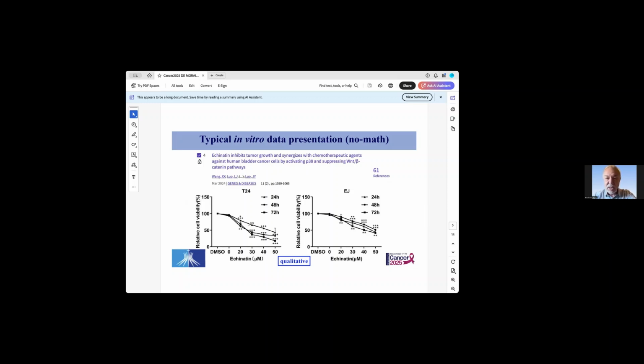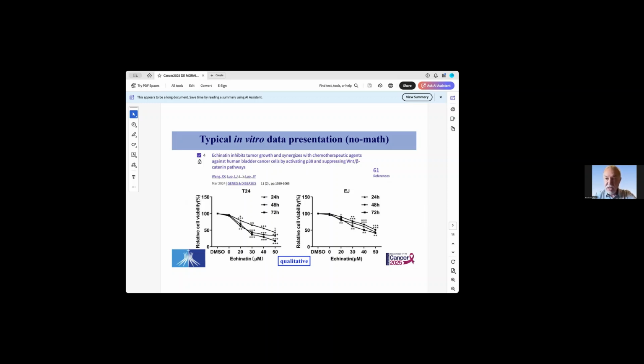I would like to emphasize what kind of information you can extract from this data. Of course, as you increase the concentration of the chemotherapy agent, the cell viability decreases in both cases. And as you increase the incubation time from 24 hours to 48 and 72, you can also roughly see that the cell viability decreases.